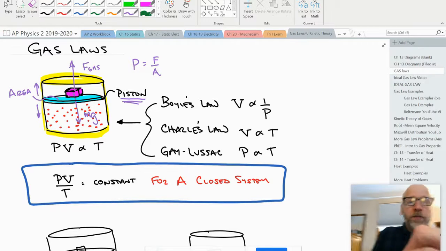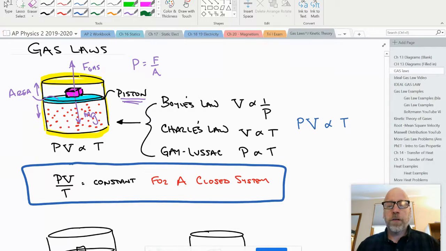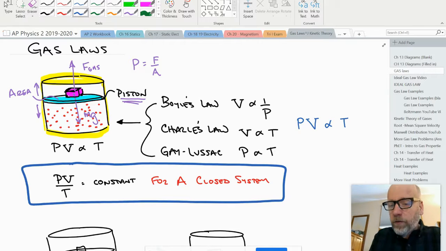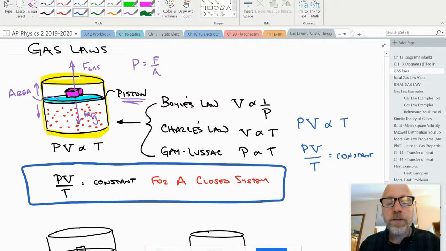So what that tells me is that PV is proportional to the temperature. But this is the part I've got to make sure you guys are good with when it comes to AP Physics 2 and how to solve problems. If I were to take this relationship, P times V is proportional to temperature, and just divide by temperature, what I would get is that it remains constant in a closed system.